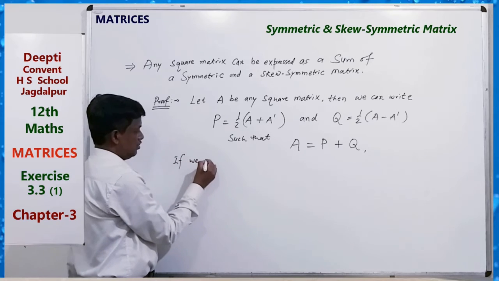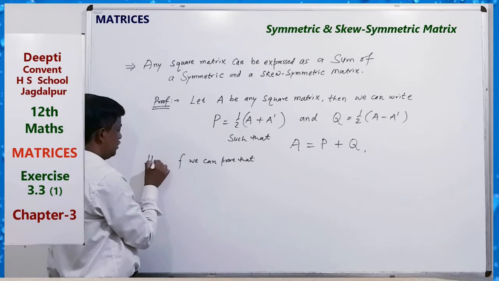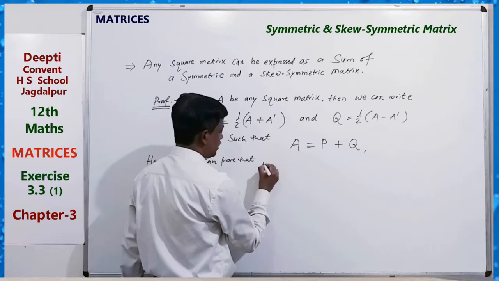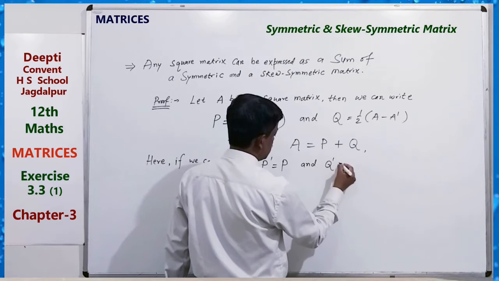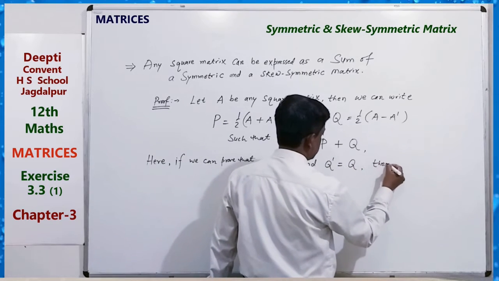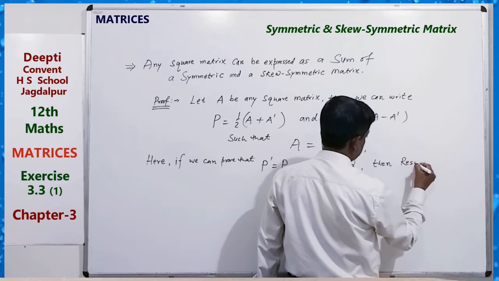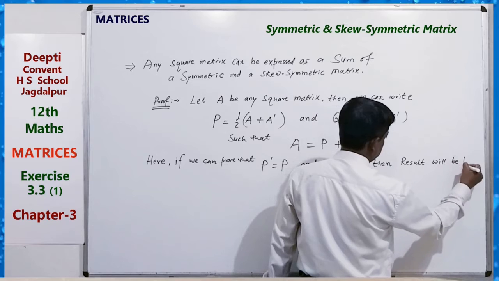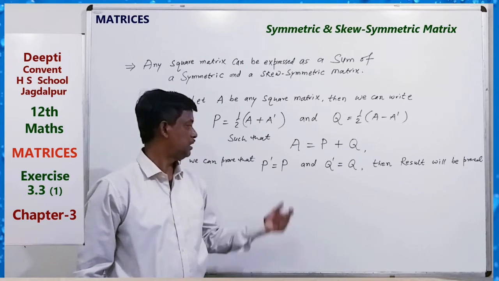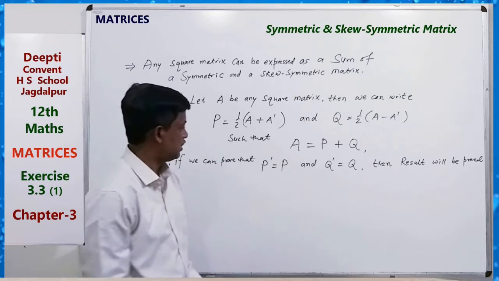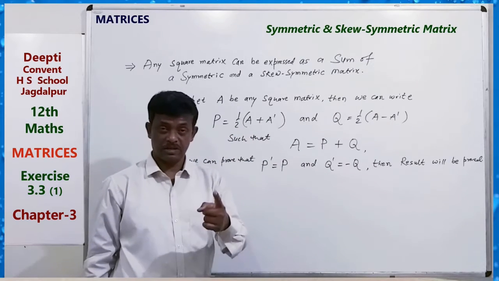If we can prove that P dash equals P and Q dash equals minus Q, then the result will be proved, because the matrix is written as a sum of P and Q. P dash equals P means symmetric.